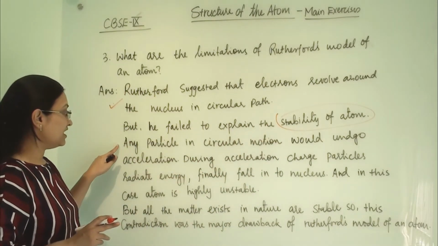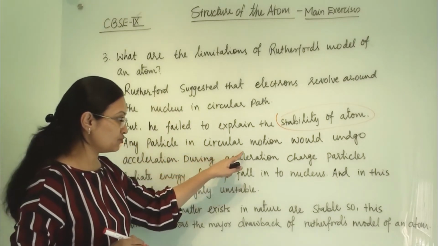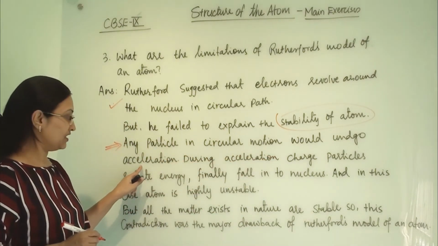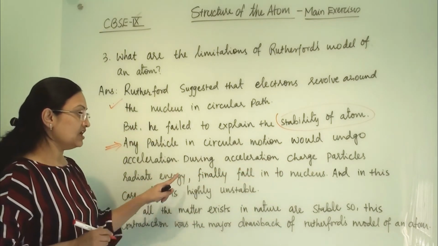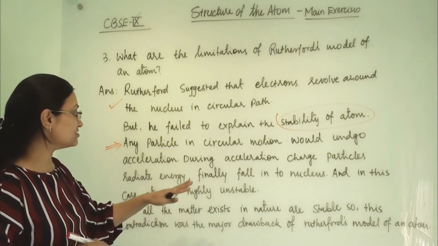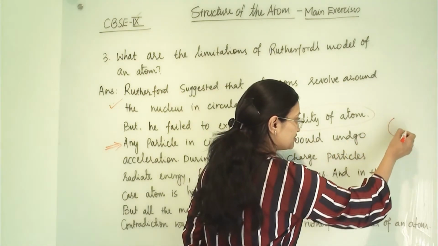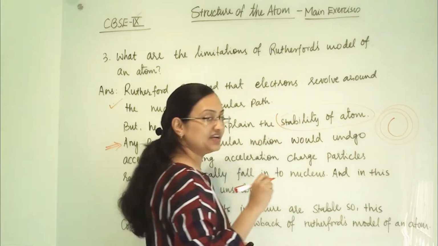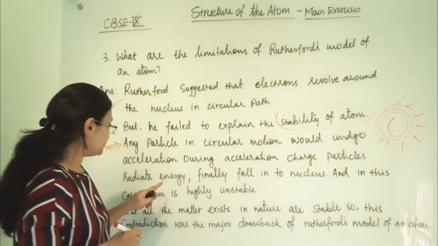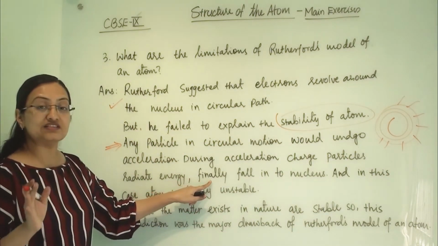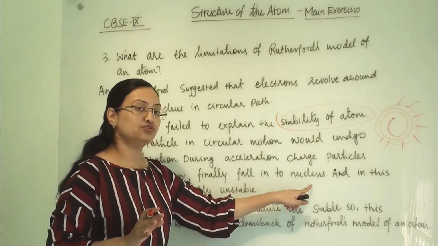Any particle in circular motion undergoes acceleration. During acceleration, the charged particle will radiate energy, lose the energy, and finally fall into the nucleus.